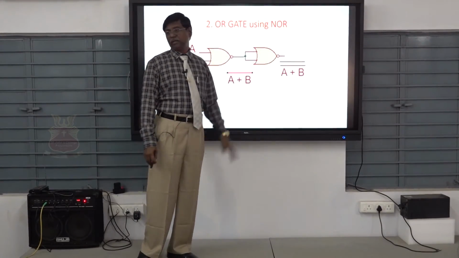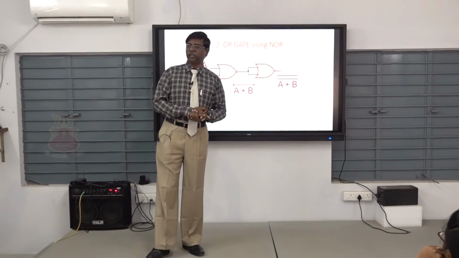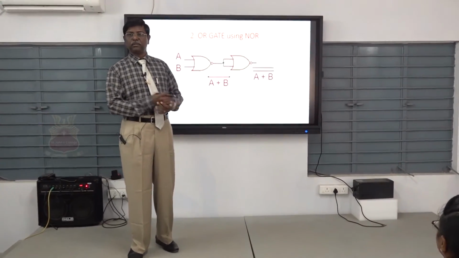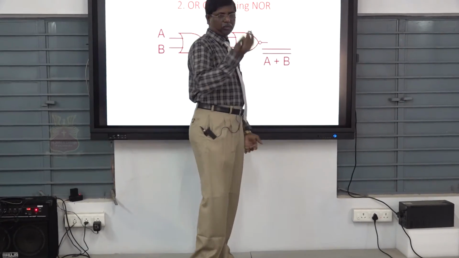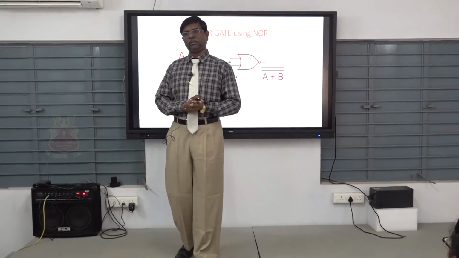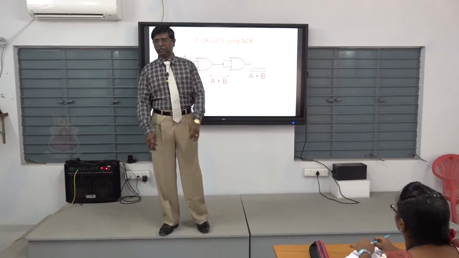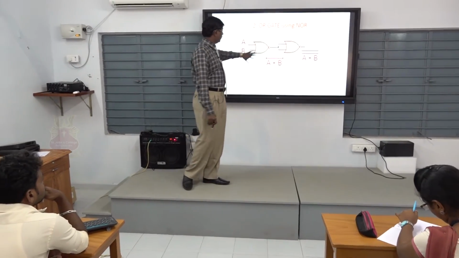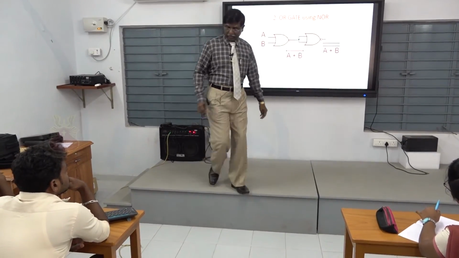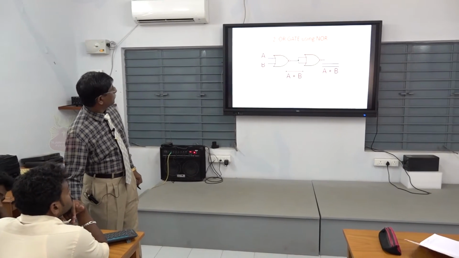So we have double inversion. So A plus B with the double bar becomes A plus B. Because A bar whole bar is equal to A, or A double bar is equal to A, or we can say A double prime, that way also you can say. Okay. So this particular arrangement gives OR output.